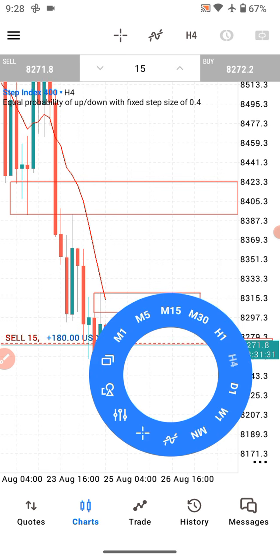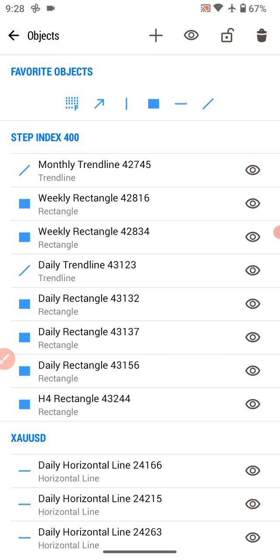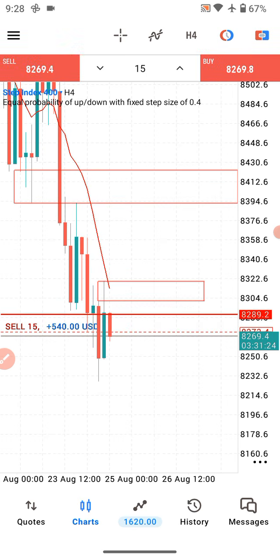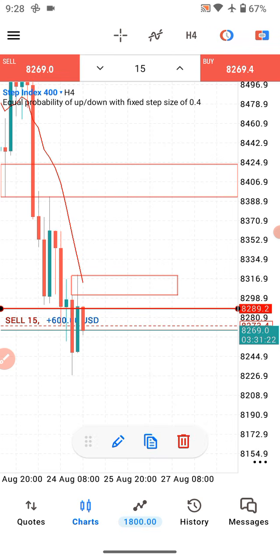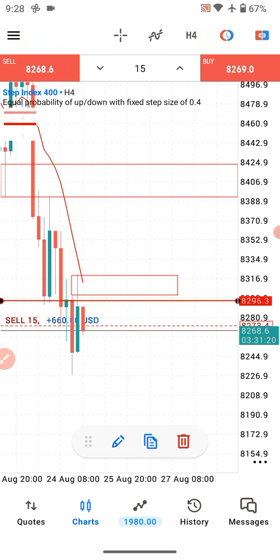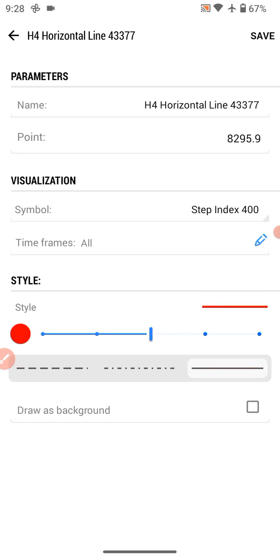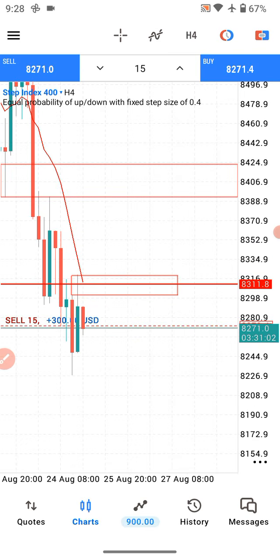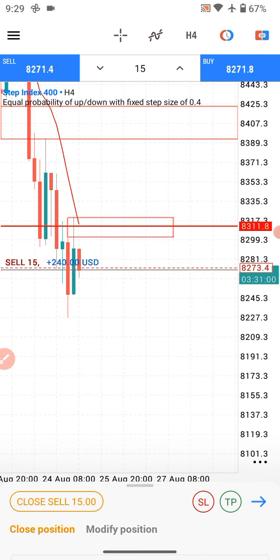My stop loss area is 8311.8. That's my stop loss area, and let me just set that there.